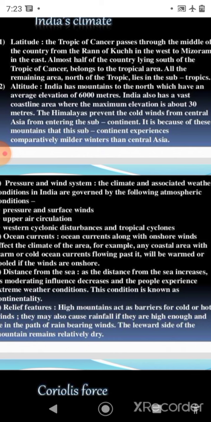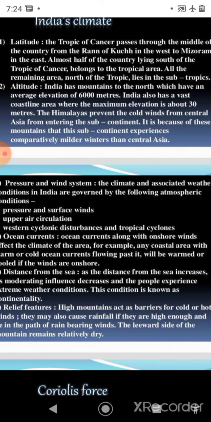What you had studied in class 7th, that in the troposphere, which is the lowest layer of the atmosphere, temperature decreases at the rate of 1 degree centigrade at an ascent of every 165 meters. And another thing is that our earth has an atmosphere due to its gravitational force.